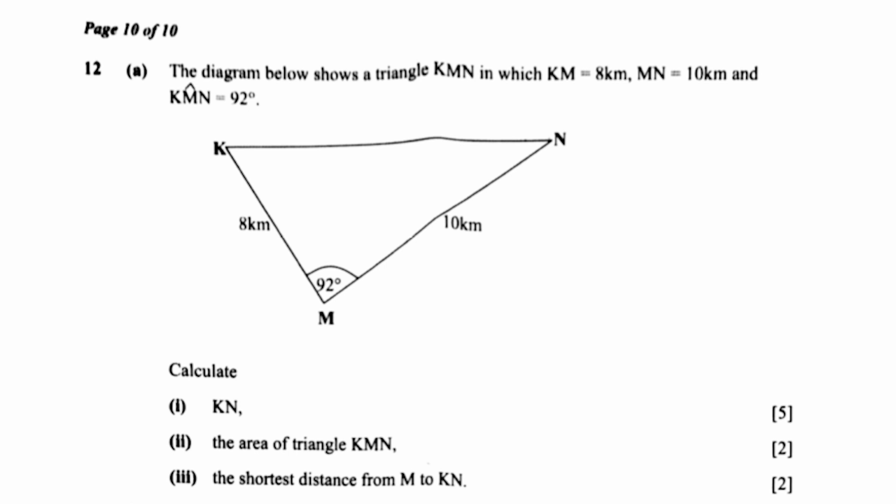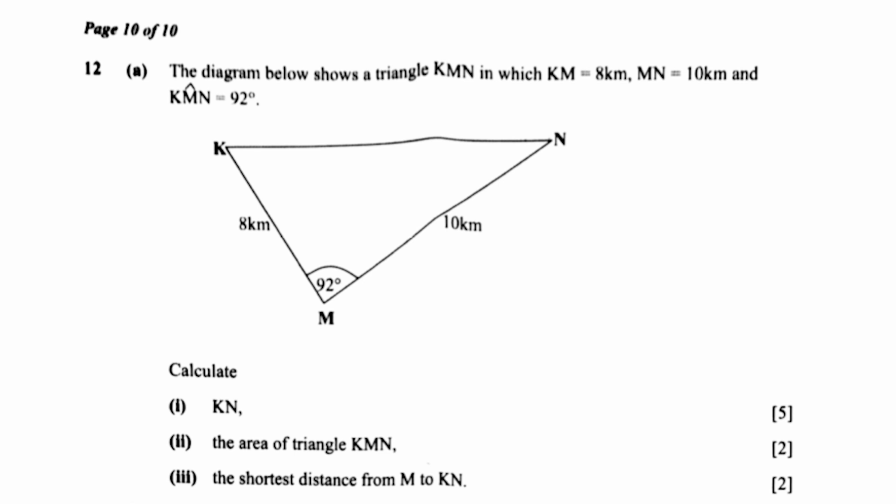The question states: the diagram below shows a triangle KMN in which KM equals 8 kilometers, MN equals 10 kilometers, and angle KMN equals 92 degrees.